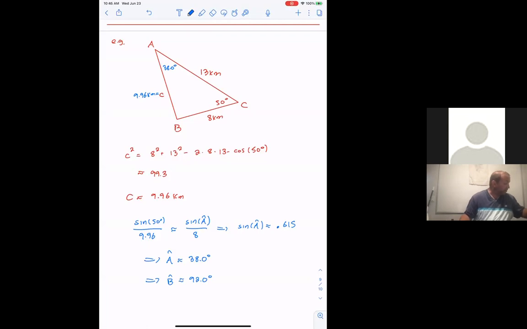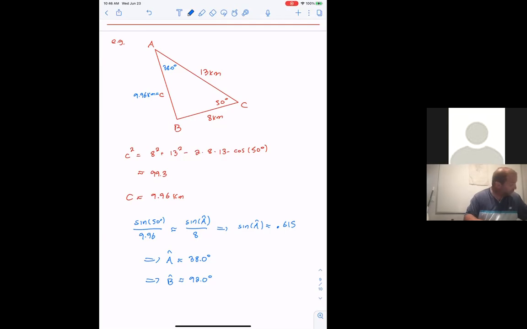Does that make sense? Now, that's not what they have here. So did I make a silly mistake, or did they make a silly mistake? Their AB is 9.96, and their angle A was 45.8 degrees. So let's just check my math.